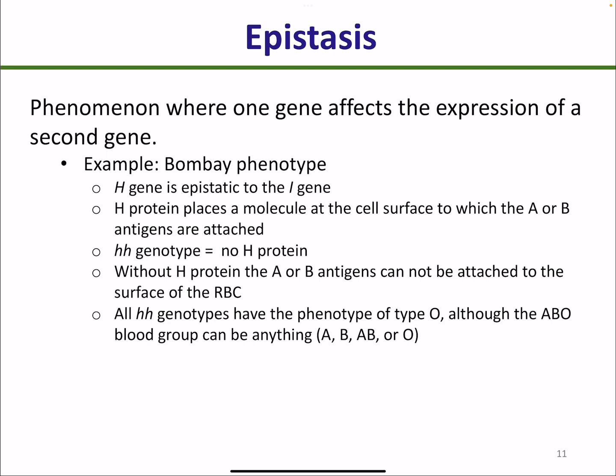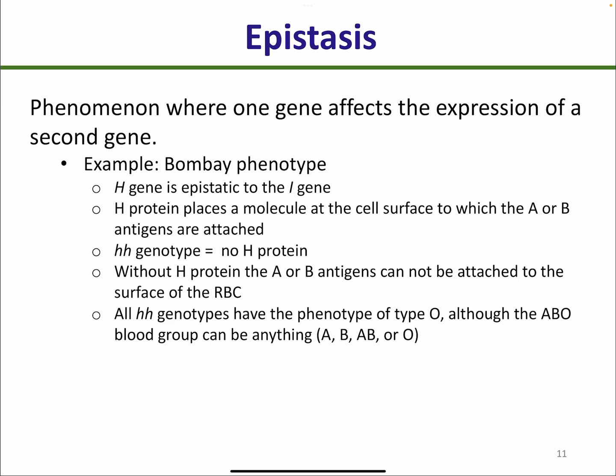All right, let's take a look at epistasis. What is epistasis? Epistasis is a phenomenon where one gene affects the expression of another gene that is completely different. When I say completely different, we are not talking about alternate forms of the same gene.